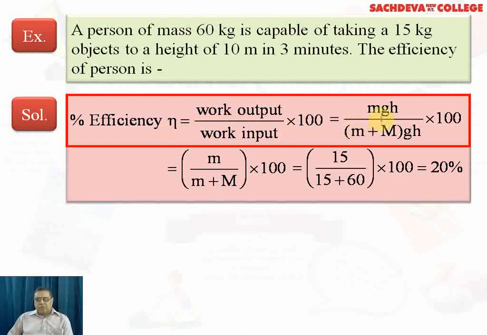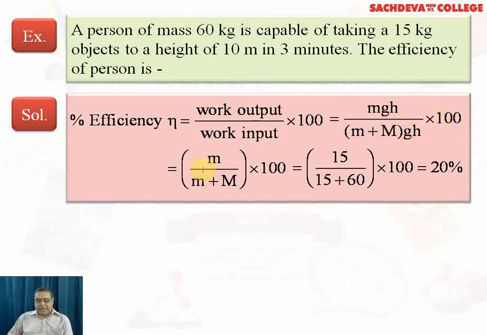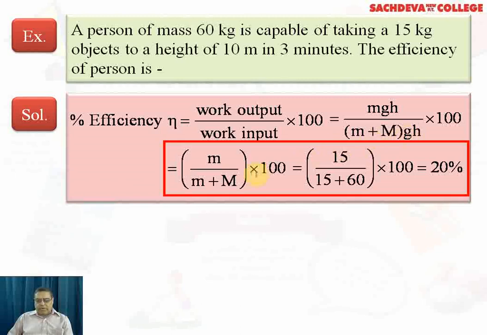So work output is mgh divided by work input, that is the total mass m plus M, multiplied by gh, into 100. Now, in mgh, gh will cancel off, and our net result will be m over m plus M multiplied by 100.